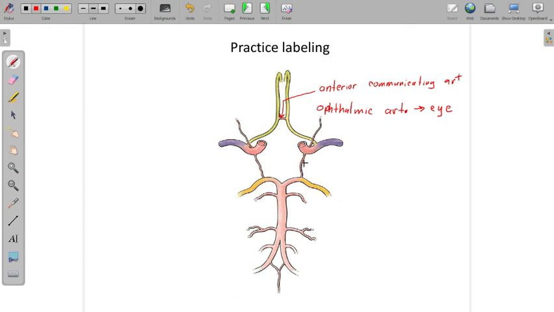And then we have two, a right and a left posterior communicating. And then there are a number of cerebellar branches that I don't care about, so you can ignore those.